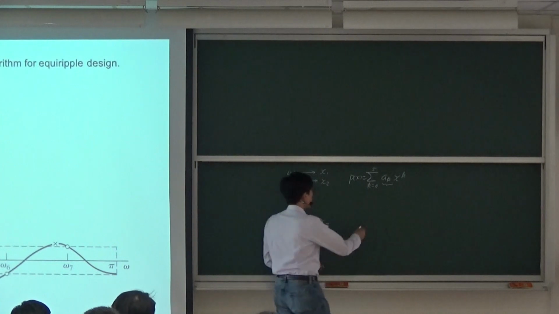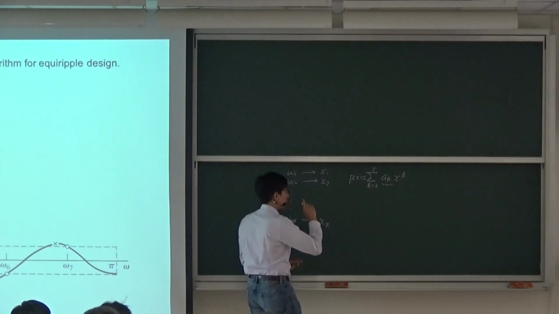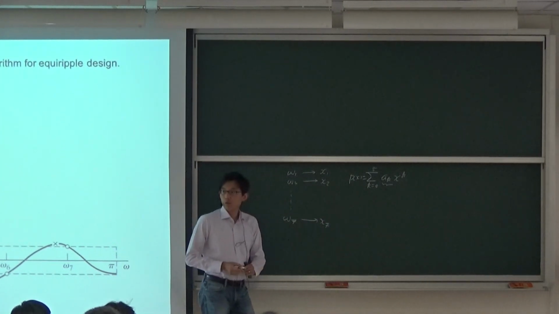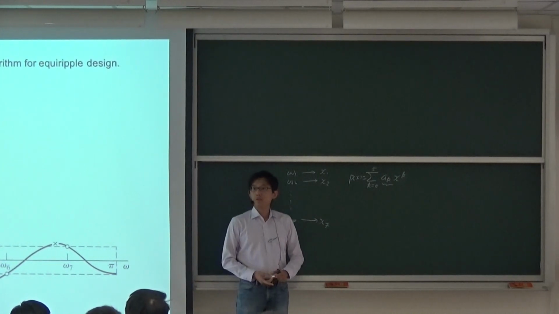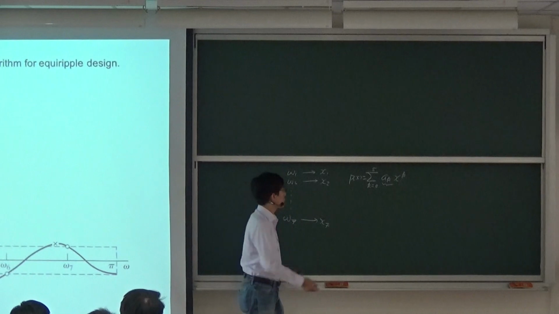So it turns out that there's a 7th parameter we also need to decide. That is exactly the height of the ripple. Delta is also a variable.